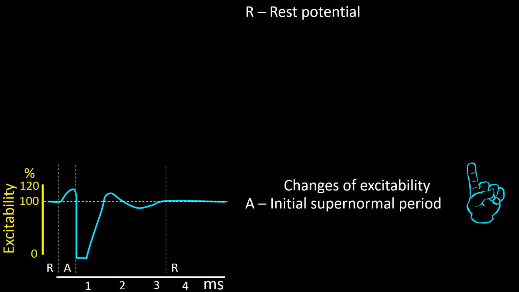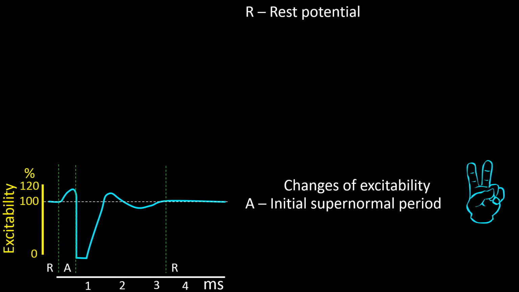The implication of using the word supernormal is that a stimulus lower than the one that triggered the initial action potential from the resting state can trigger a second potential. Notice that at this time the aqua line is above the 100% line.